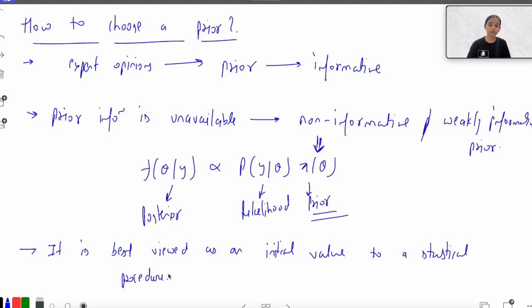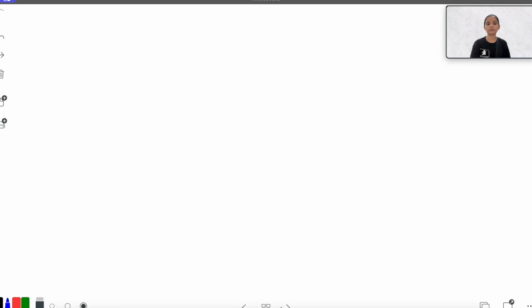Different experts have different opinions about something, so yes, you can choose different priors. You can deal with the same experiment with the help of different priors, and by picking different priors you will get different results also. That is completely fine. It depends on the prior that you choose. To understand it, let's take an example first.